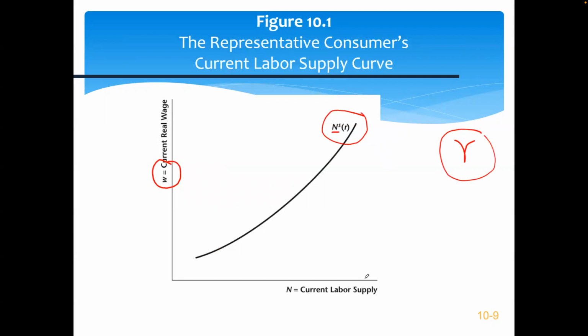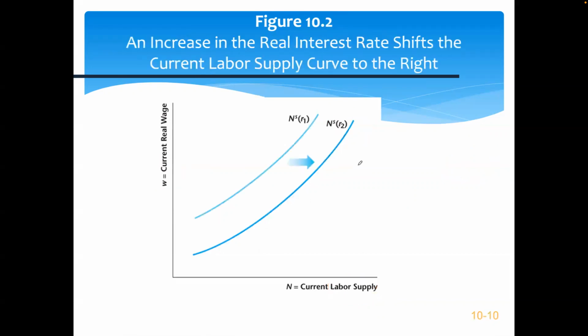Again, why is labor supply increasing with wage? Because here we assume the substitution effect dominates the income effect, right? So there are two effects when wage increases, two effects on your leisure, and hence your labor supply. The second observation: an increase in real interest rate is going to increase your labor supply today.